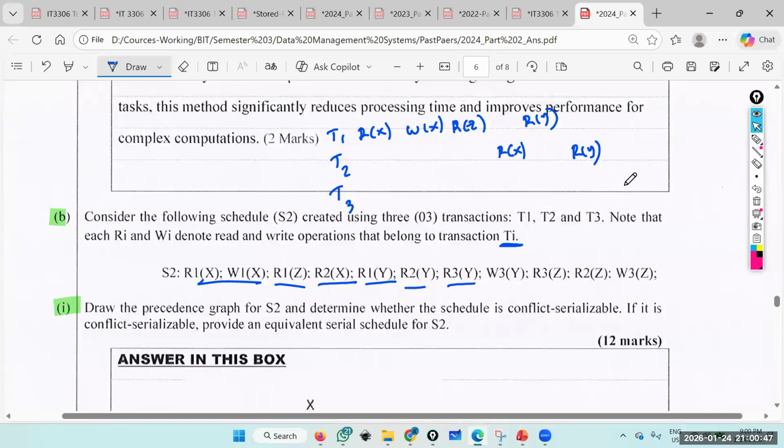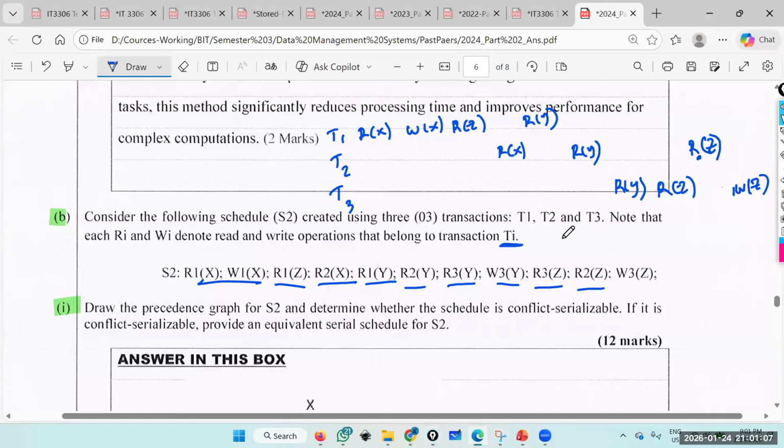R3 means read by, read this. R2 read this, write this.